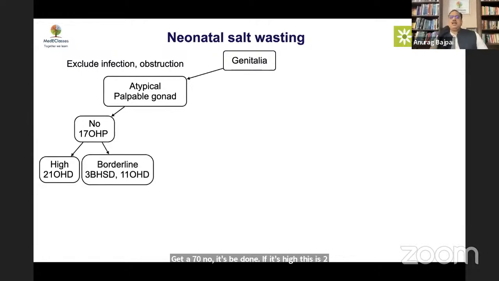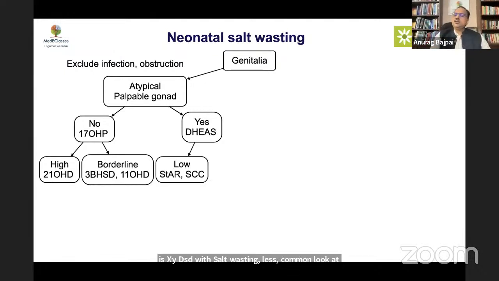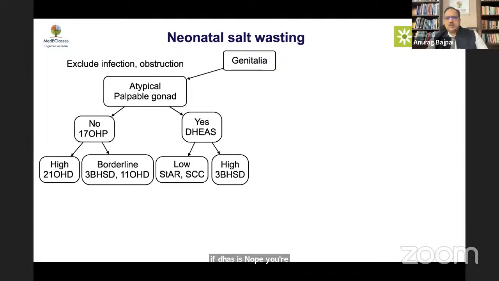If it's borderline, it could be 3-beta or 11-hydroxylase. If you have a palpable gonad, this is XY DSD with salt wasting. Less common, look at DHEAS. If DHEAS is low, you're dealing with a proximal defect. If DHEAS is high, you're dealing with 3-beta HSD. So again, look at genitalia and gonad, you will know how to classify.